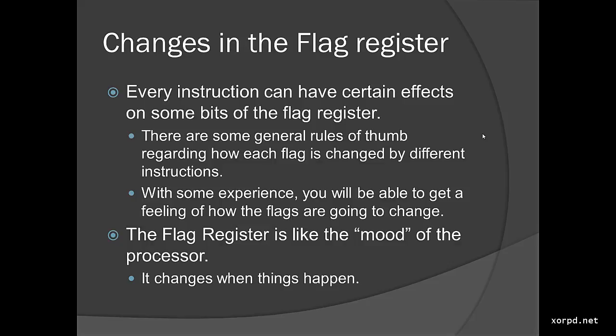However, if you have the general idea of what a flag means, then you don't have much problems. You are going to have some kind of a feeling of what is going to happen, and the feeling is going to be correct most of the time. So I think this is the right way to learn, to get a feeling of what each flag means. And then when you understand it, you can predict pretty accurately what is going to happen whenever an instruction occurs.